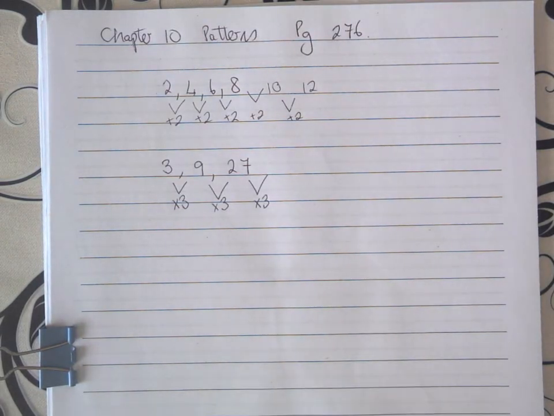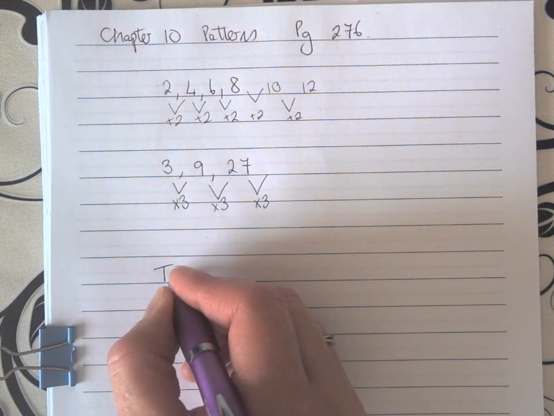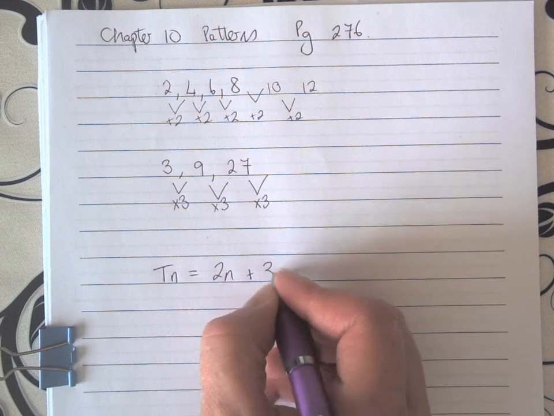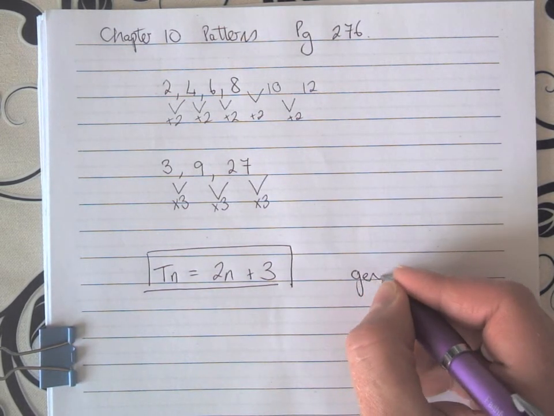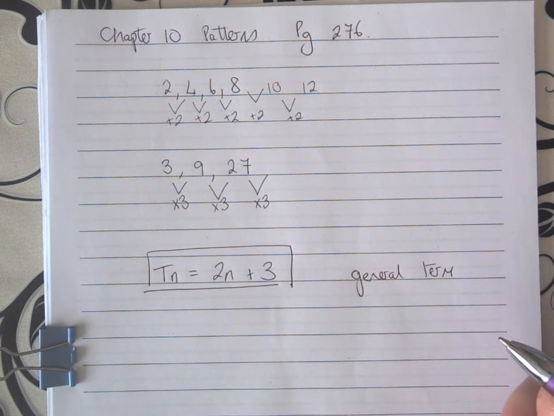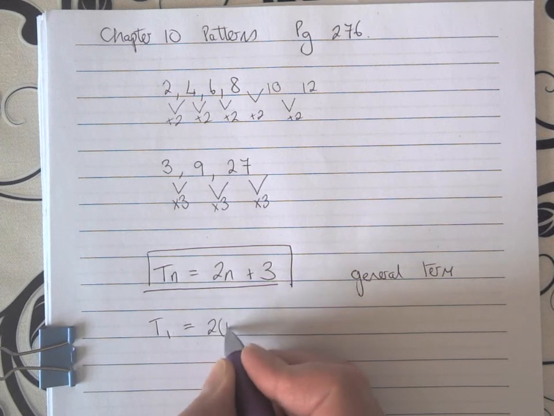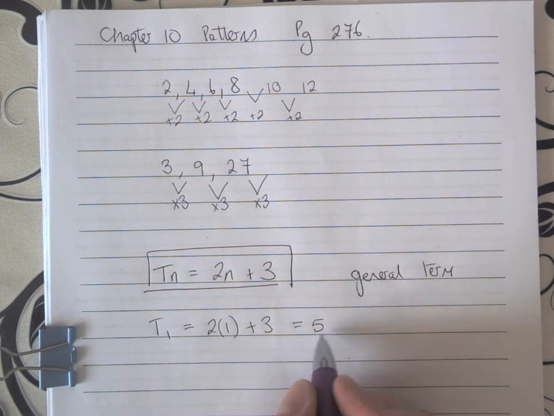Then we had looked at when we were given a Tn. So Tn is equal to 2n plus 3. This is what is called our general term. If I wanted to find the first term, I'd put in n is equal to 1. So 2 times 1 plus 3 is 5. So the first term is 5.